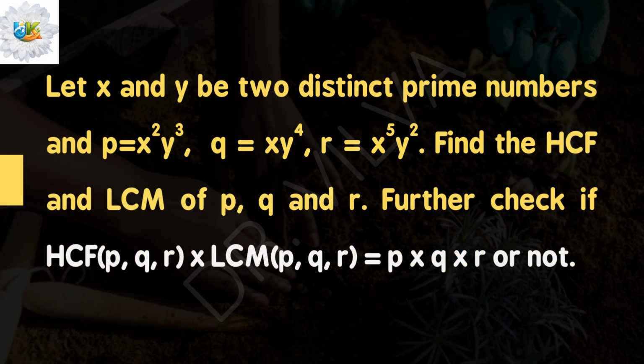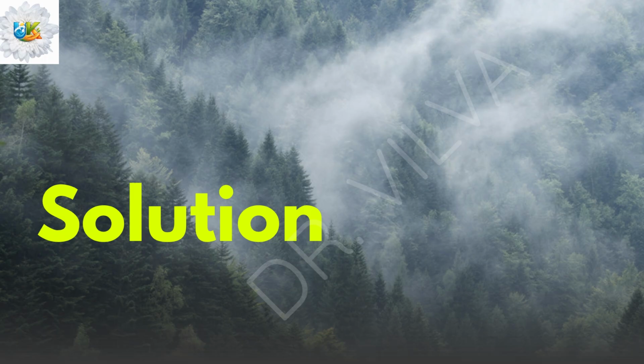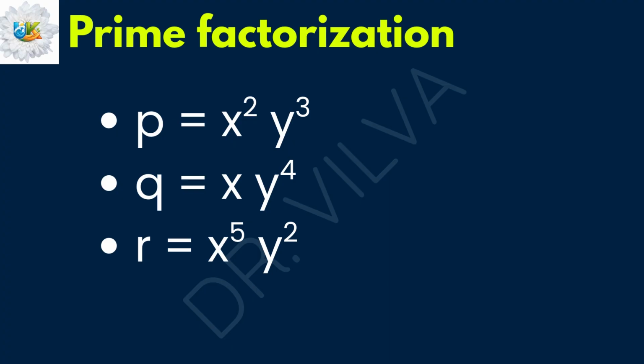Also, they asked us to cross-check if the given relation, that is HCF of PQR times LCM of PQR is equal to P times Q times R or not. We will see the solution. If you have watched our previous videos, definitely you can solve this question by yourself in no time. Anyhow, we will see the solution now.